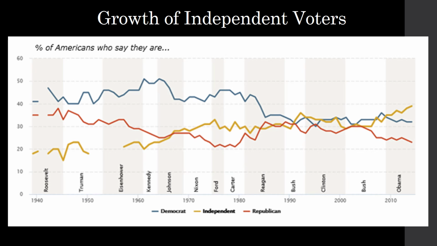But remember that even though Democrats may be more numerous, the Republican voters tend to be more reliable. They'll come out with regularity and vote.